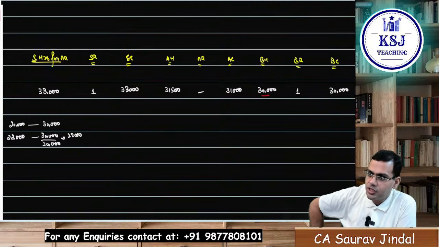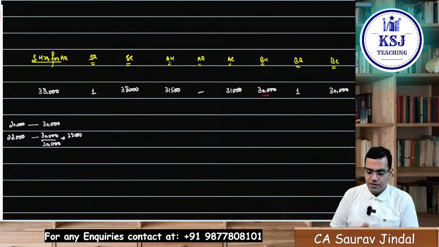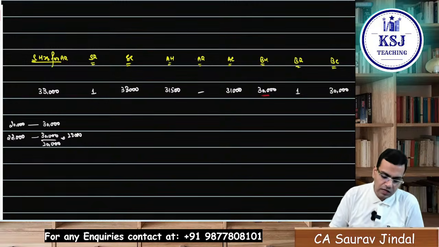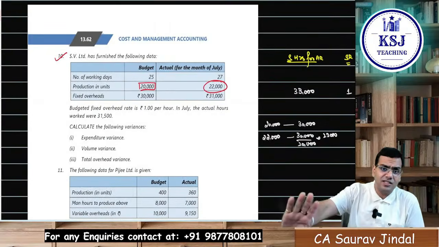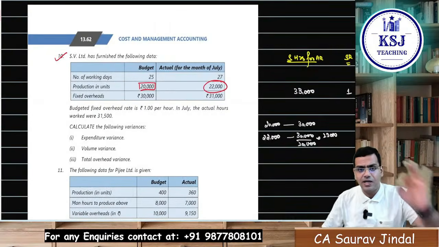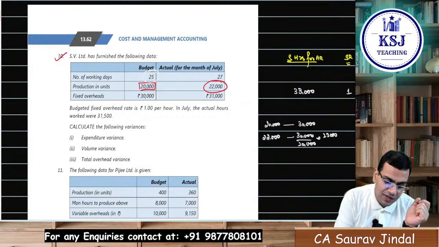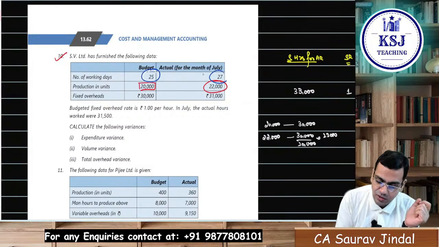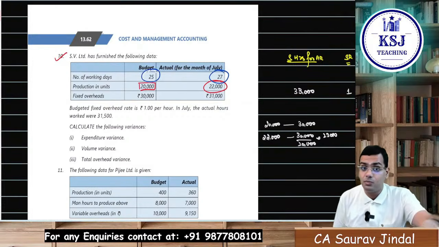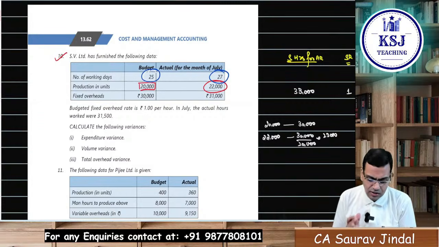Any doubts in question number 10? We have prepared the table now. Now you can easily calculate any variance, any fixed overhead variance, and in this particular case, you can also calculate the calendar variance, because the number of days are given to you, 25 and 27. So you can calculate possible hours, right? You can calculate calendar variance, although it is not required here.